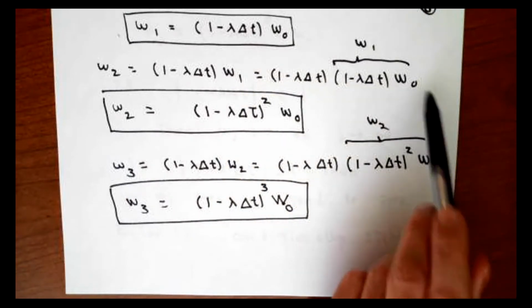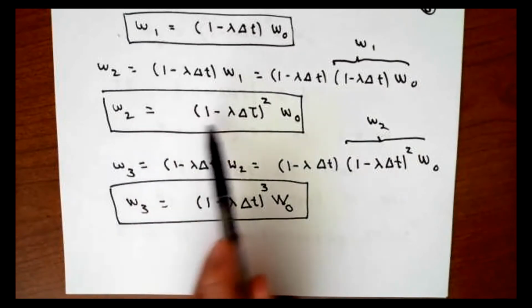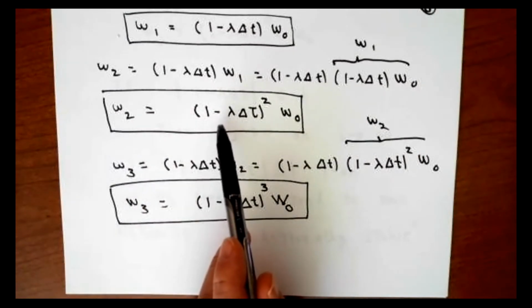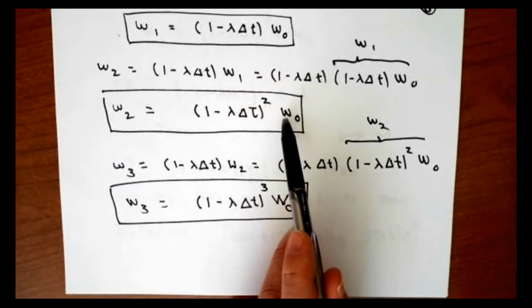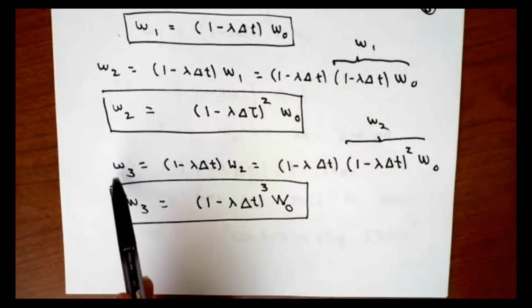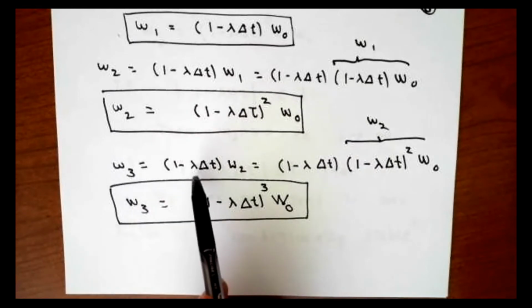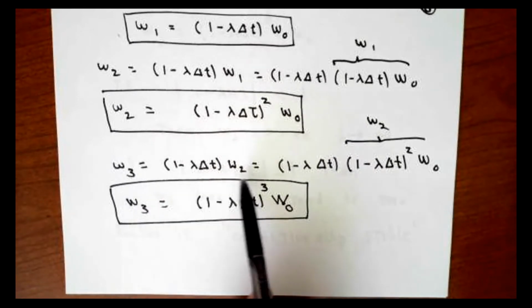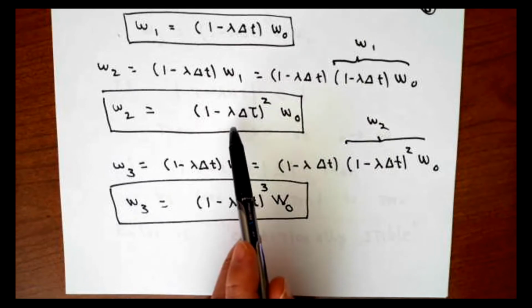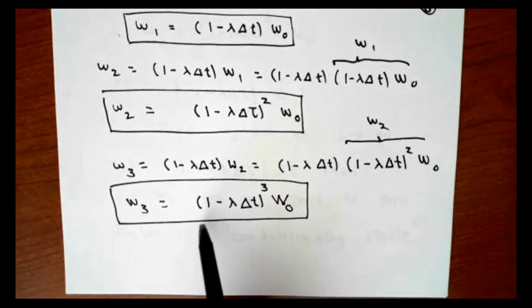So simplifying, W2 is (1 minus lambda delta t) squared times the initial value of y. W3 is 1 minus lambda delta t times W2, which we just figured out. So after simplifying, W3 is (1 minus lambda delta t) raised to the third power times the initial value of y.